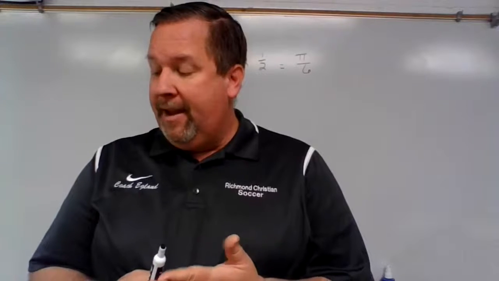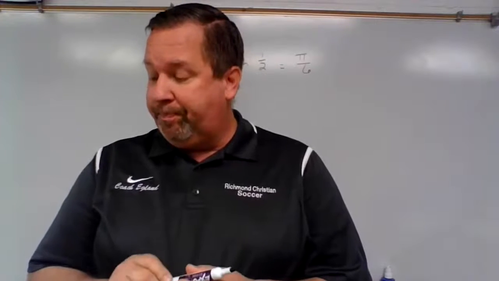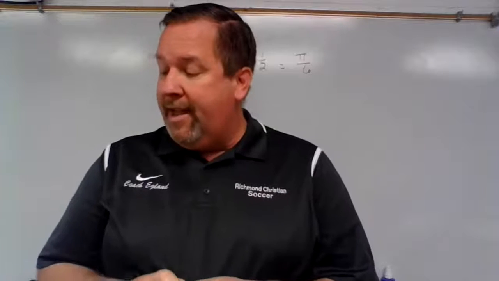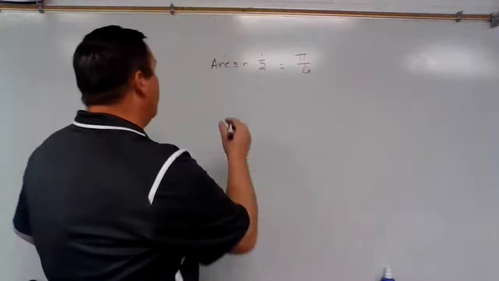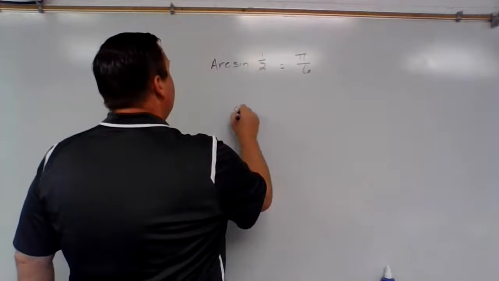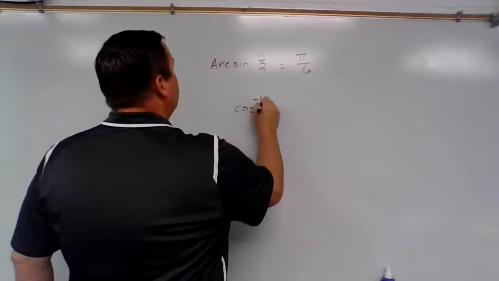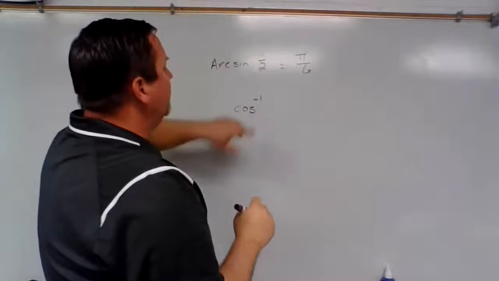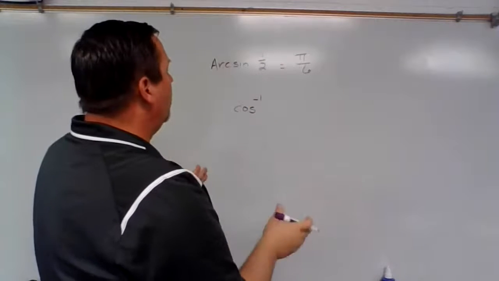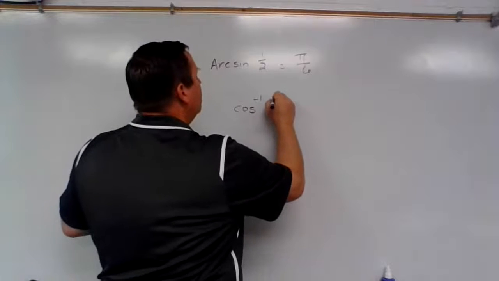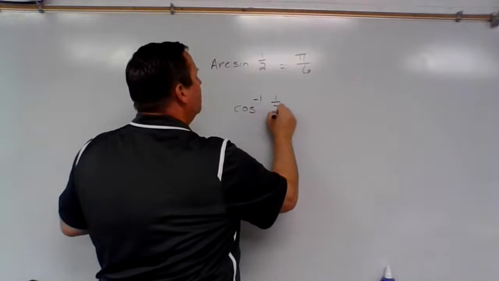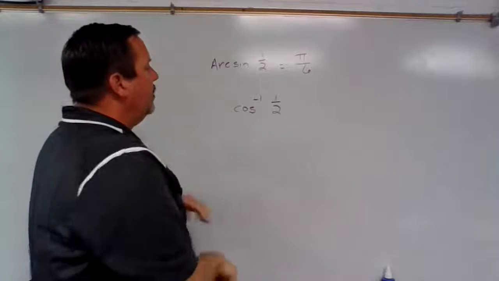If I said, what is the cosine, or let's do it this way. Instead of writing arc, I'm writing this -1. They mean the same thing. Arc cosine. Let's stick with this.